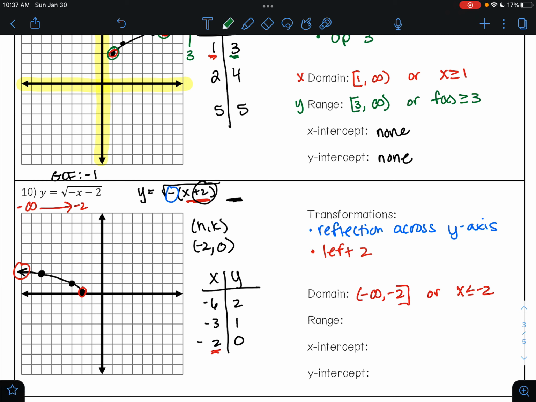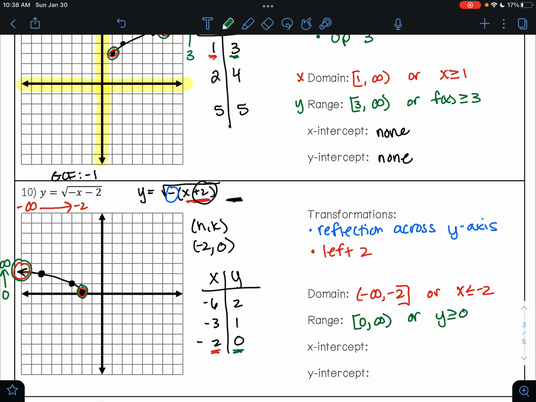My range are my y values from the bottom of my graph to the top of my graph. The bottom of my graph is this point right here. This is where y is 0. My graph is going up forever, so that's going to infinity. So my range is from 0 to infinity, or we could say that y is greater than or equal to 0.